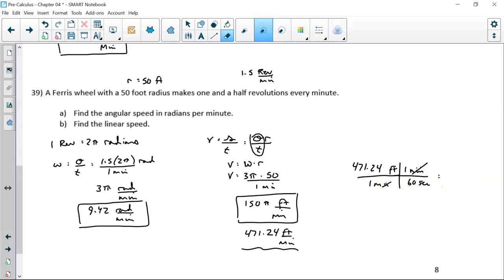So we'd just be dividing by 60. And you'd get about 7.85 feet for every second would be the linear speed. So depending on how you wanted the units, you might have to convert. They didn't tell us to convert to feet per second, so we could leave it as 471.24.